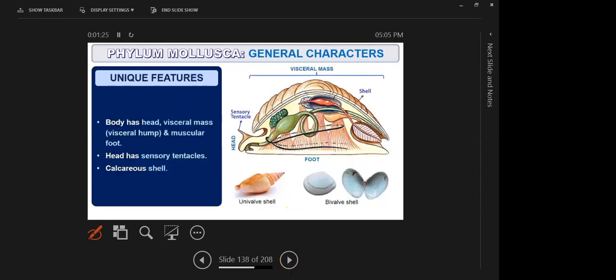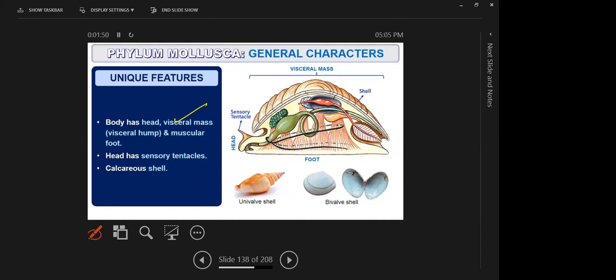So the body has head, visceral mass, and muscular foot. Visceral mass means the mass of soft body. Head has sensory tentacles, and there is a calcareous shell.